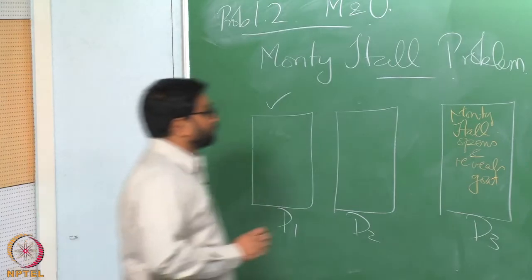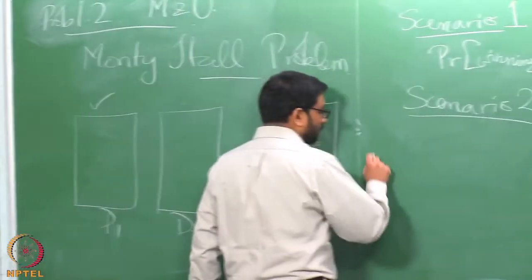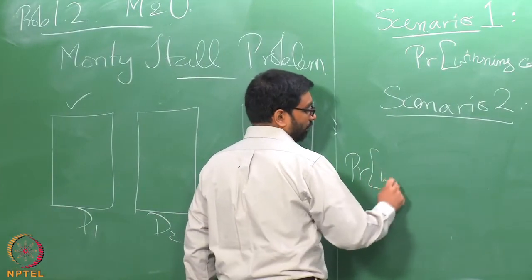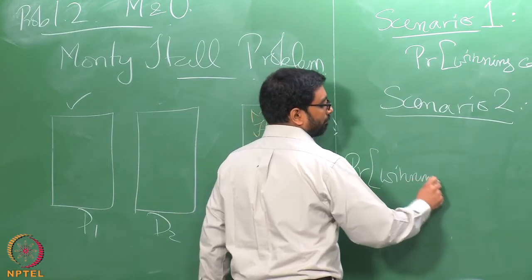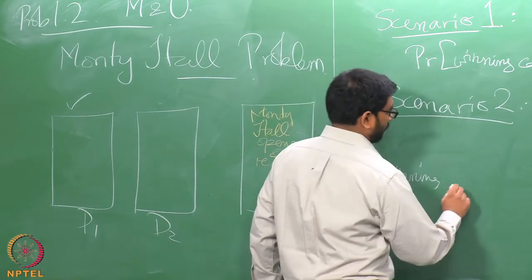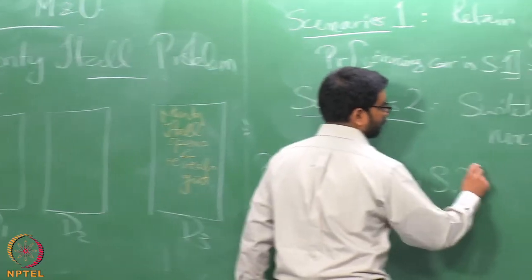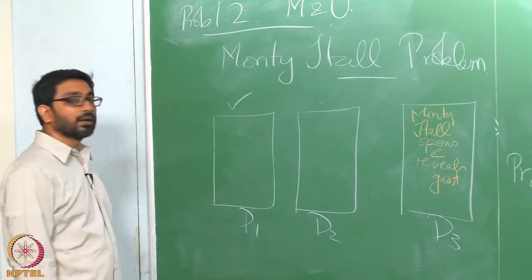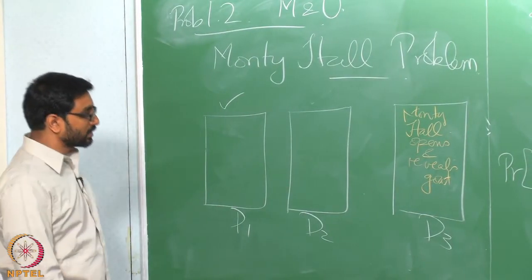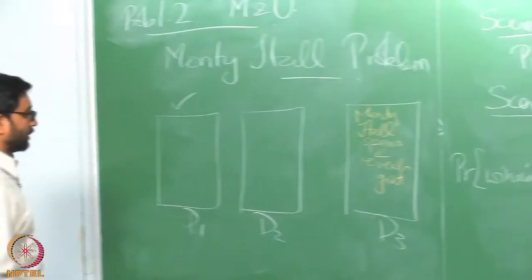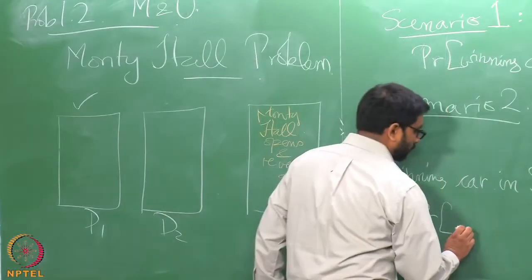Let us write out the probability that we are interested in. This is the probability of winning a car in scenario 2. Let us see the two cases. There are two possibilities.